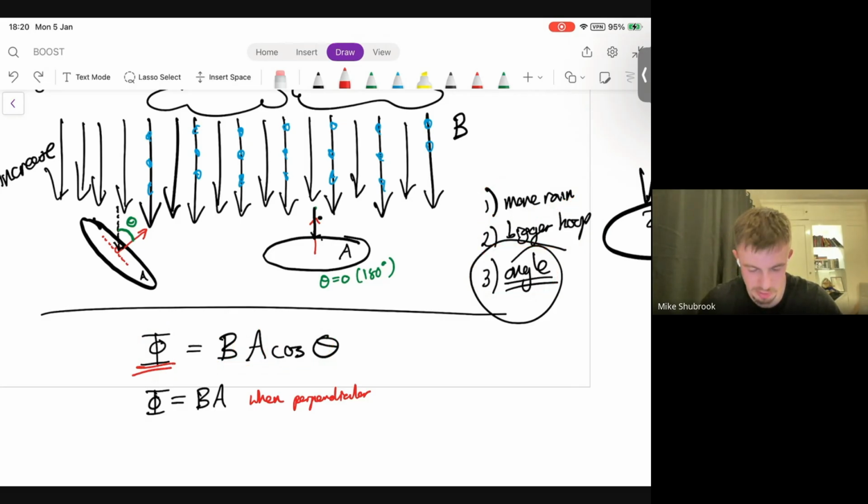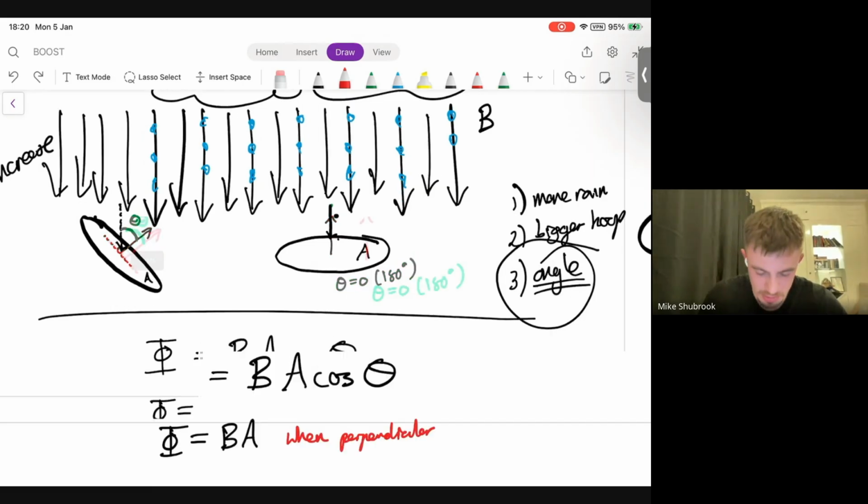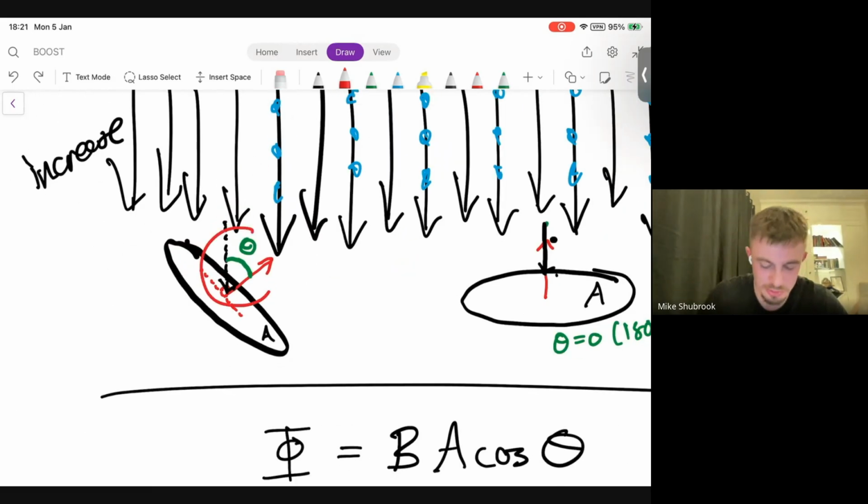So hopefully that just gives you a little bit of physical intuition about what this flux actually is. It's basically just how much of this stuff cuts through this area. That's just a super basic way of thinking about what it is. A magnetic flux is how many magnetic field lines cut through a particular area. And we care about the proportion of them which cut through perpendicularly, which is why we introduce this theta here.